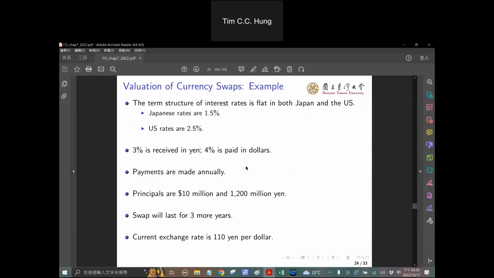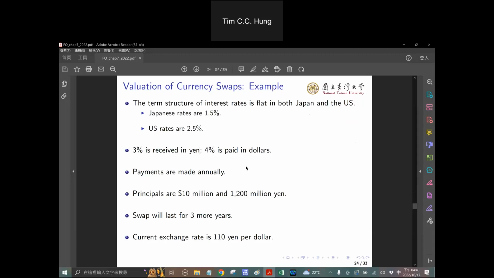Negative 0.4 million, negative 0.4 million, negative 10.4 million. And receiving 3% in yen, that's 36 million yen every year, and again, 1,236 million yen at the end. So this is the cash flow that we are going to see.